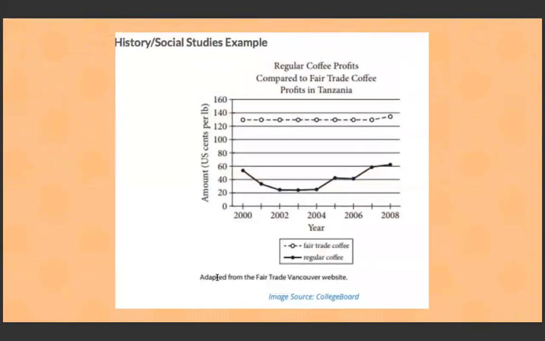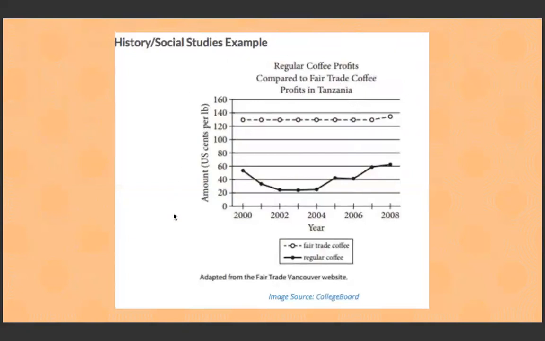All right, so here's an example from either history or social studies. The title is Regular Coffee Profits Compared to Fair Trade Coffee Profits in Tanzania. So you can see that the title is a little bit more lengthy. Again, you're going to go ahead and circle this because it's giving you some important information.